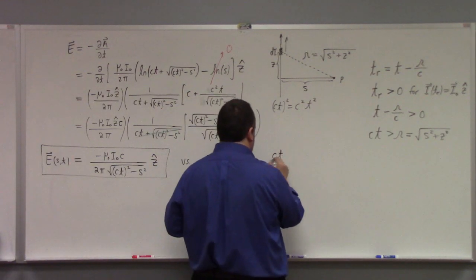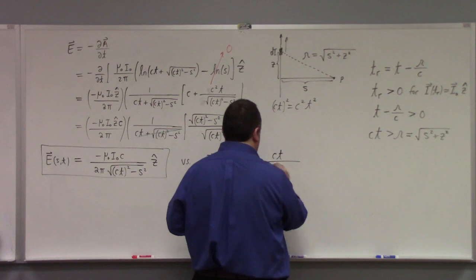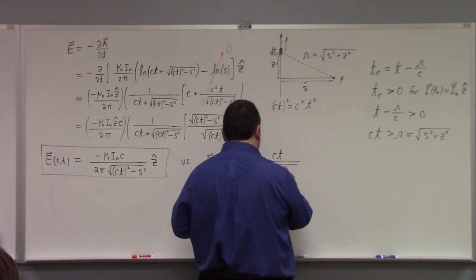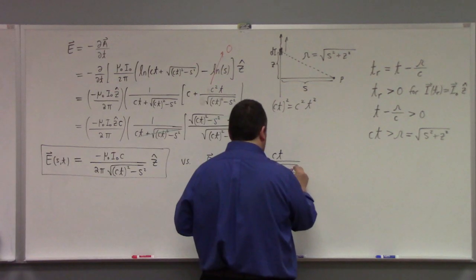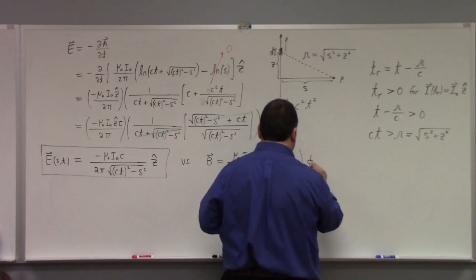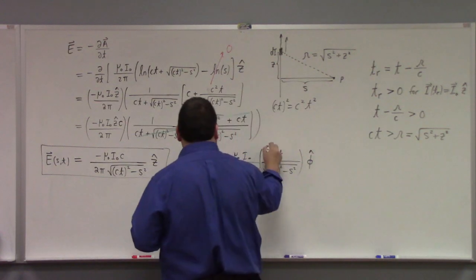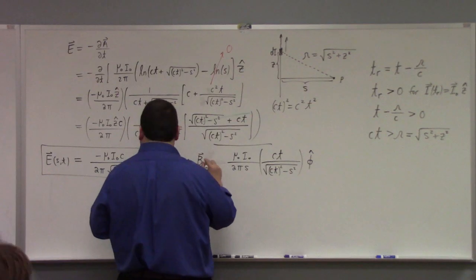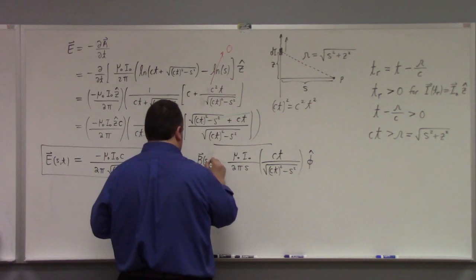And I'll show you the details here in a minute, but square root of CT squared minus s squared, phi hat. Right? So there's the magnetic field inside the cylinder of non-zero fields.